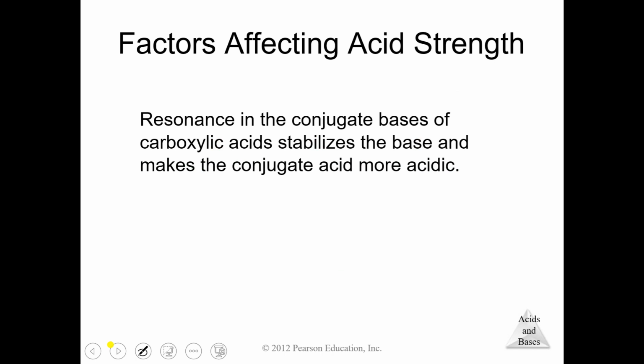Resonance. Now, there's supposed to be a picture here that's not showing up. I'm not sure why. But if you remember, resonance has to do with where the double bond is. And so, for example, if I'm looking at this, it can also be like this. It can also be like this.